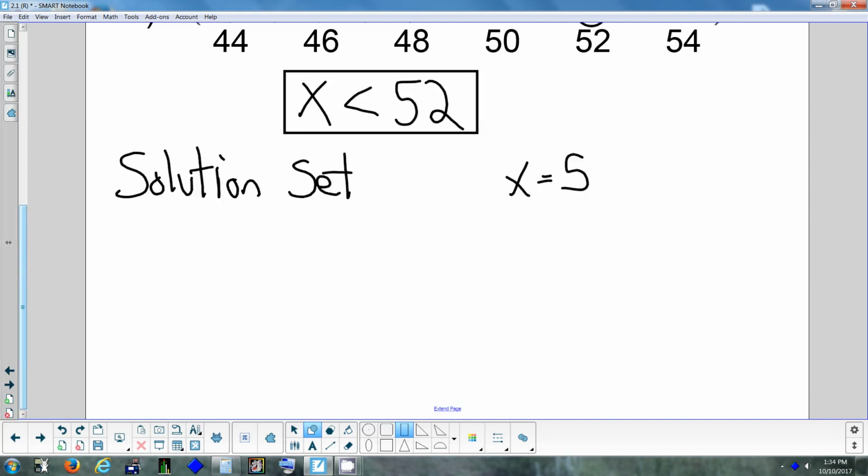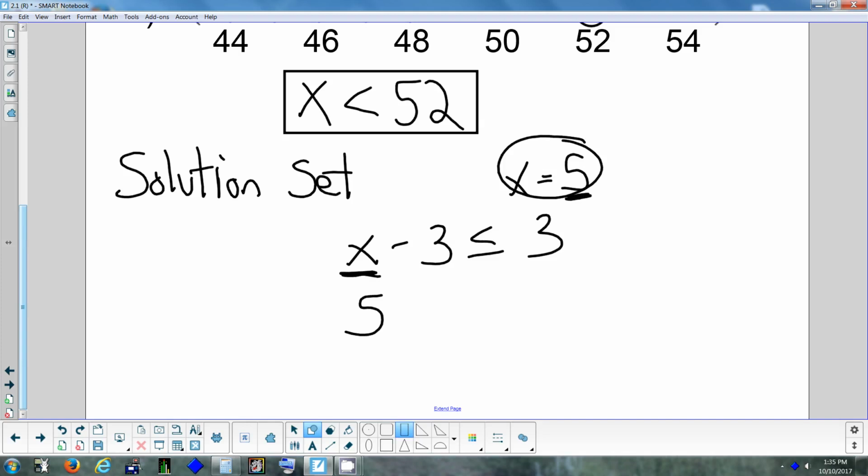Let's say x minus 3 is less than or equal to 3. All right, so on this side, what am I going to write? Because now this is telling us what x equals. I'm telling you what x is up here. What am I going to write instead of x? 5, right? Everything else stays the same.